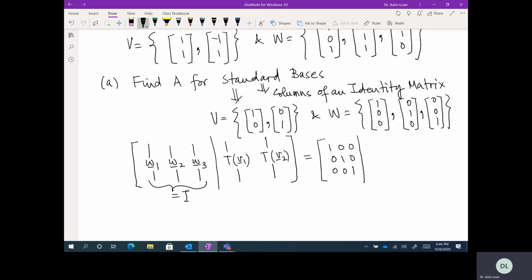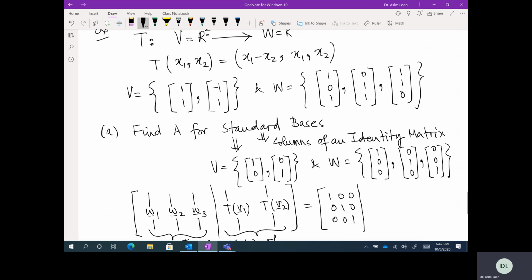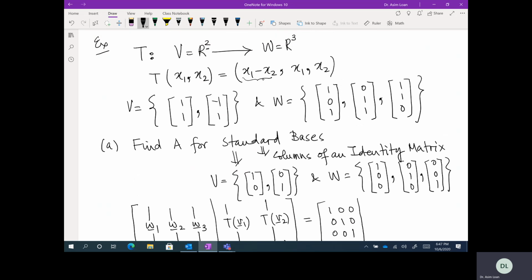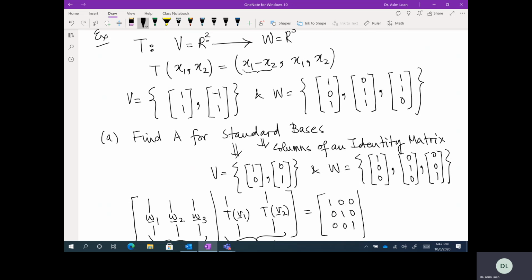When this is equal to identity, this one is the matrix of transformation, which is A. T of V1 simply means these are the differences: the first component is the difference and the others are as is.